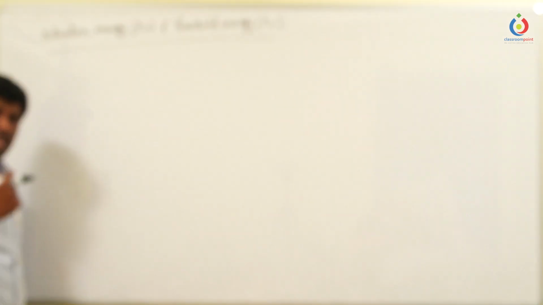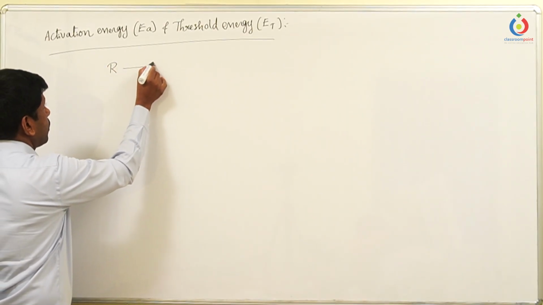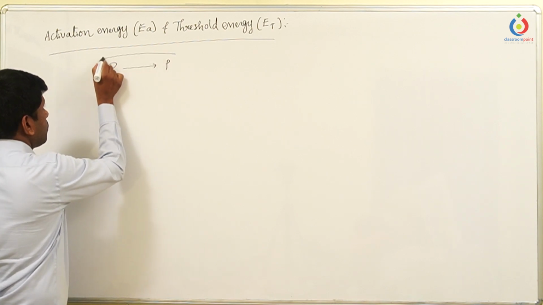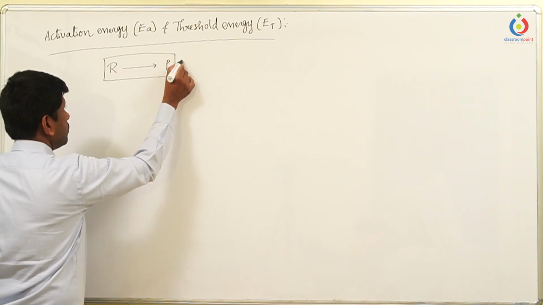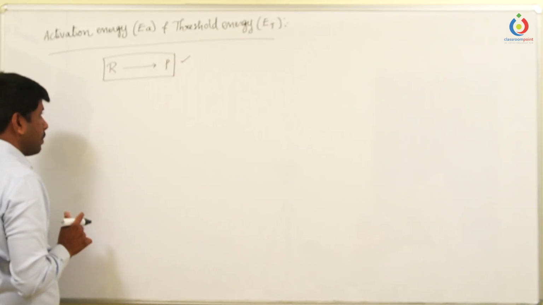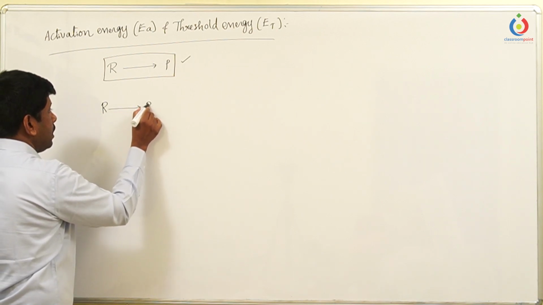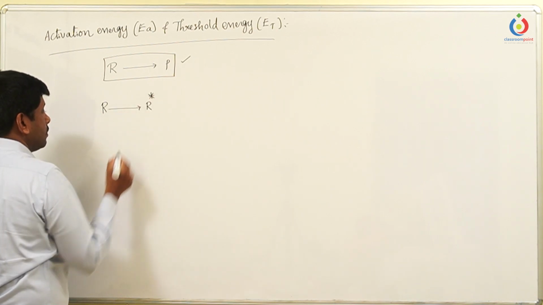If you take any chemical reaction, reactants basically convert into the products. But this process does not occur directly. Reactants will not be converted directly into the products. Initially, reactants will be converted into some activated complex.